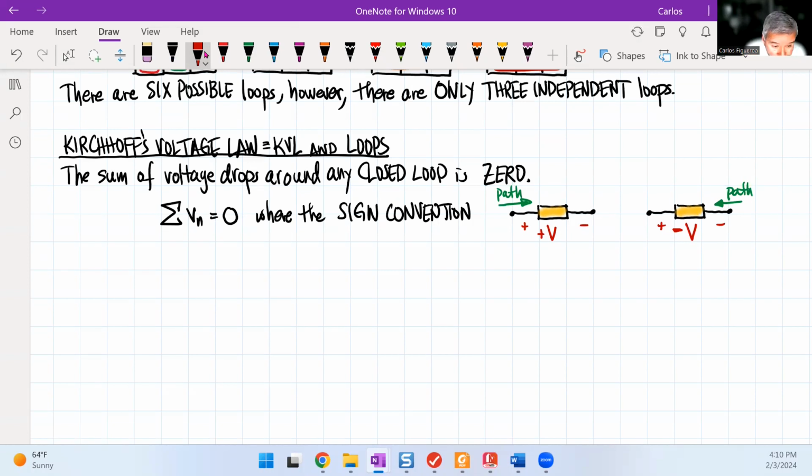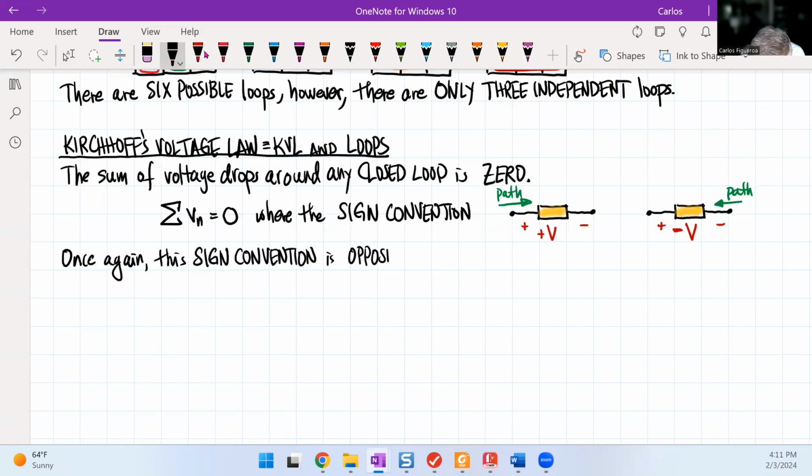So then, once again, this sign convention is opposite to physics 4B's way. I happen to disagree with it.